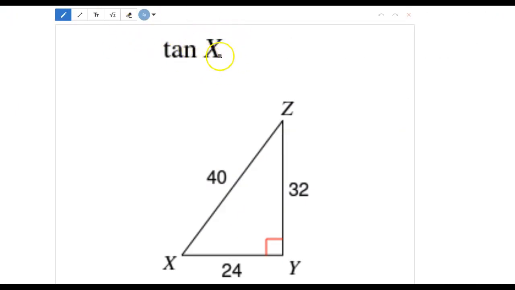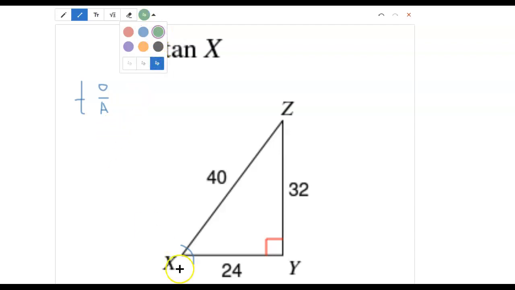Here we want tan x. That means x is our theta, or our referenced angle. For tan, we want opposite over adjacent. So we're going to find the opposite. x is our theta, so we're going to look opposite, the one that's not touching it.